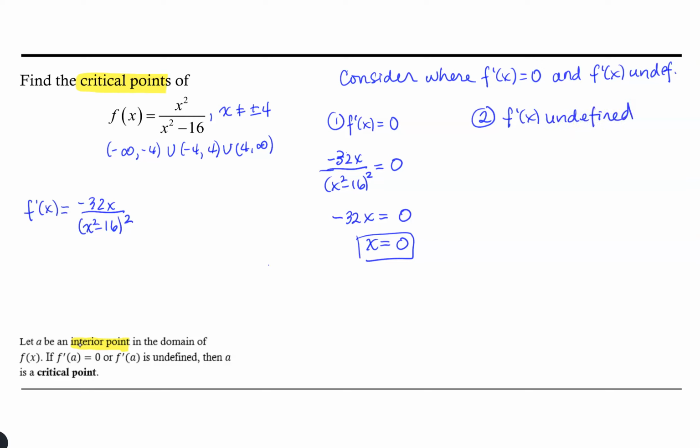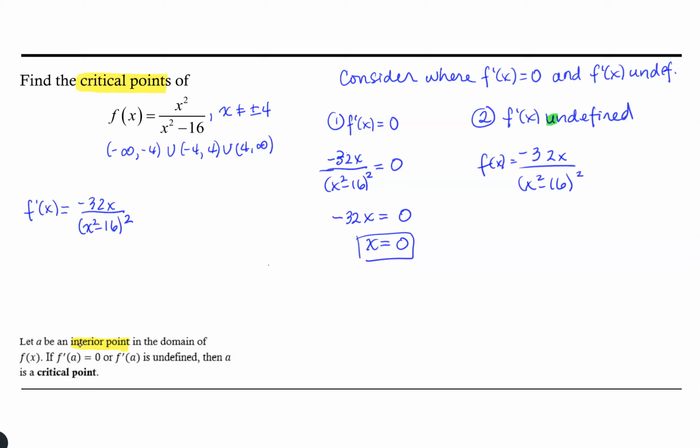Now looking at our derivative, we have negative 32x over the quantity x squared minus 16 squared. And we want this to be undefined. And so with rational functions, like this derivative, they are undefined where the denominator equals 0.